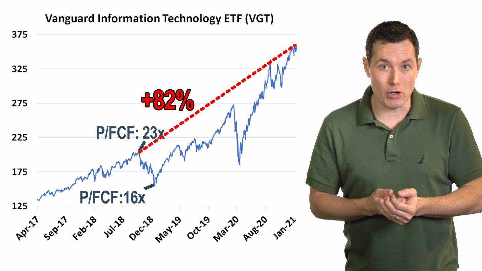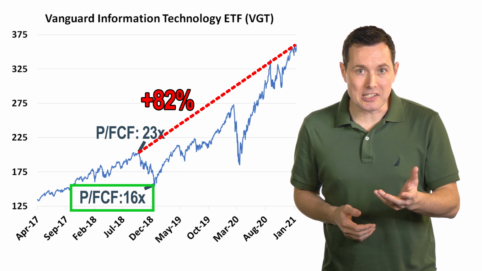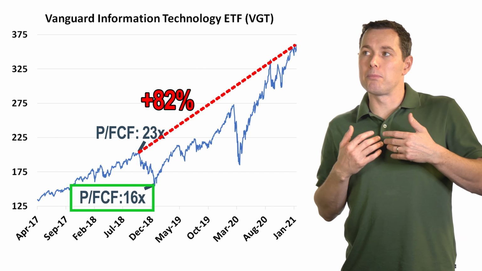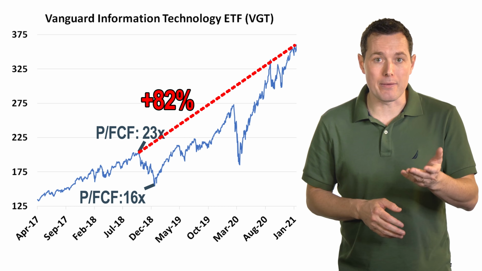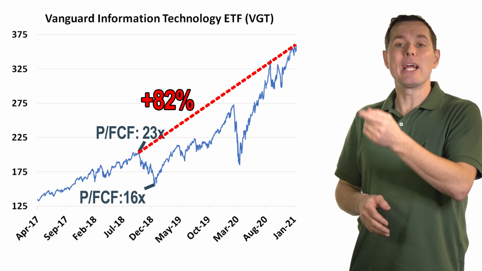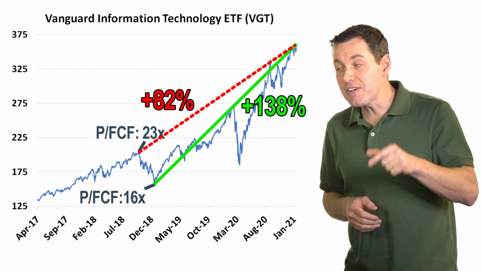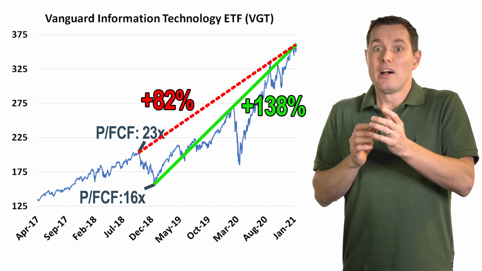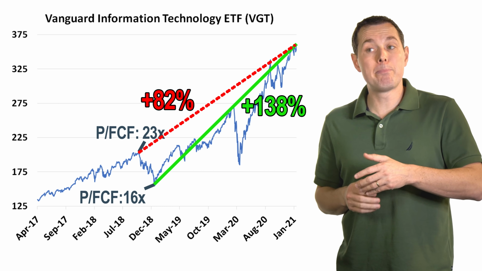I'm happy with that overall return. But if we had waited just, in this case, 7 weeks, and it fell below our, let's say, 20x rule, whatever that is, well, if we had bought it down there and held till today, we would be up 138%. That's a 56% difference for ultimately just sticking with internal rules that we've created based on history.